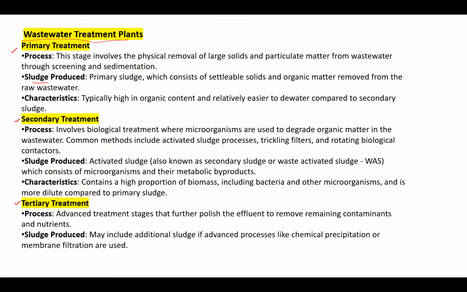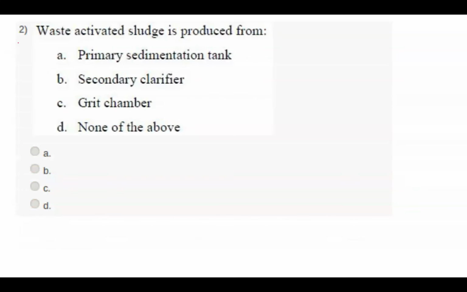So I have just prepared a few things on the different steps, the process, and the sludge produced, so you can read this. And next question: waste activated sludge, that means WAS.